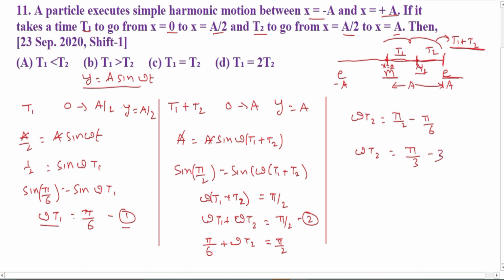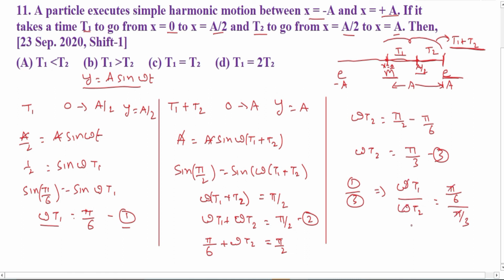Now if I divide 1 by 3, I'll get omega t1 by omega t2 is equal to pi by 6 by pi by 3. The pi will get cancelled and omega will get cancelled.